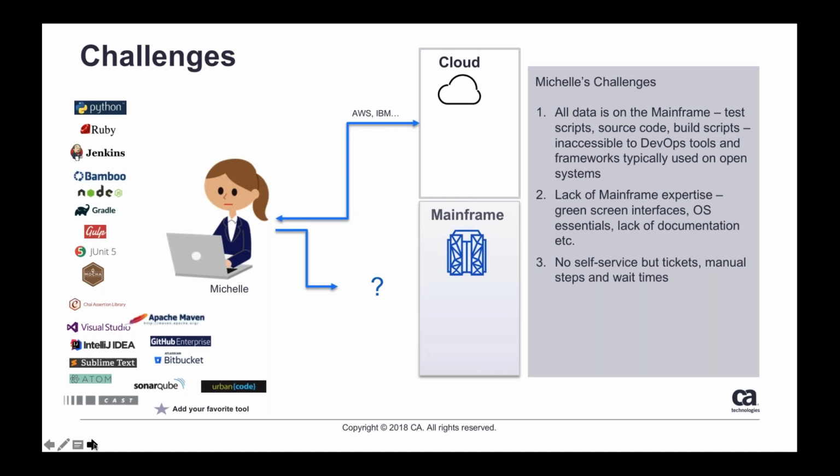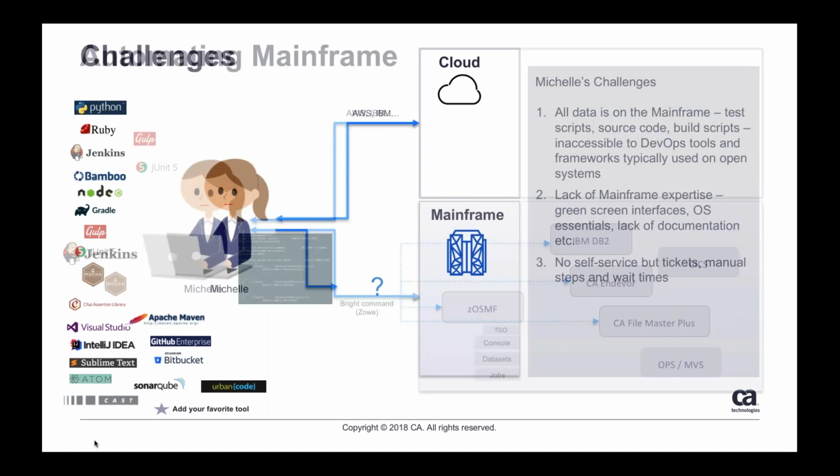One of the challenges that we want to address, and we want to show you where we are in this process, is how can we help Michelle to be effective and extend her skills and knowledge and the whole DevOps pipeline to mainframe. All right.